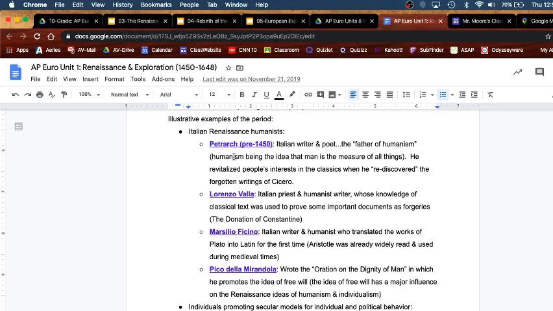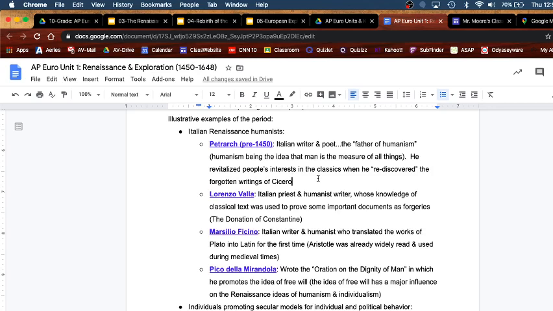Humanism is the idea that man is the measure of all things. He revitalized people's interest in the classics when he rediscovered the forgotten writings of Cicero. Cicero, of course, was one of the great political leaders in Rome, and also a great writer and orator.